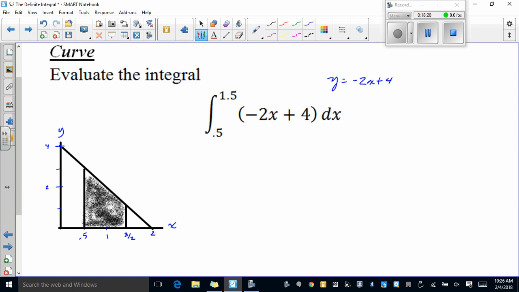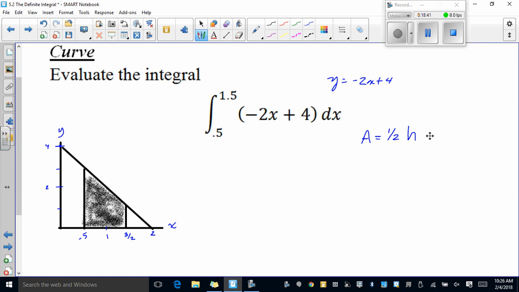Area of a trapezoid is 1/2 your height times base 1 plus base 2. And this is where I get to give you a little reminder of geometry. Your height is the perpendicular line to the two bases.